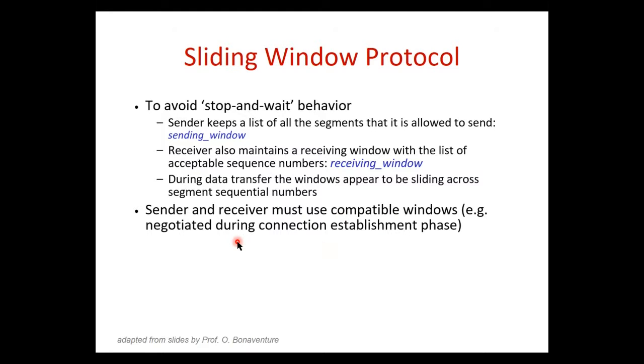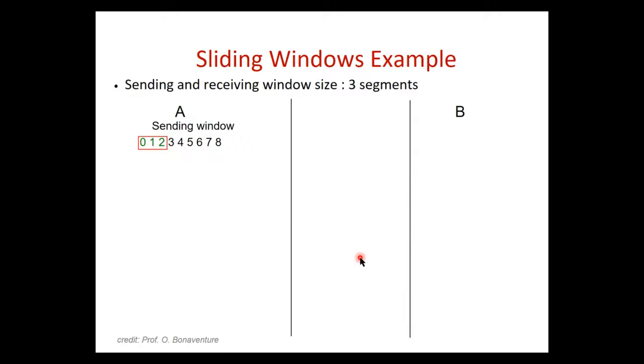For example, it could be negotiated at the setup phase, during the connection establishment phase, so that the sender and the receiver have compatible windows. Again, all of this will become more clear as we look at examples. Okay, let's go straight to an example.